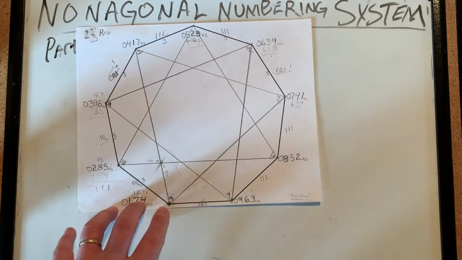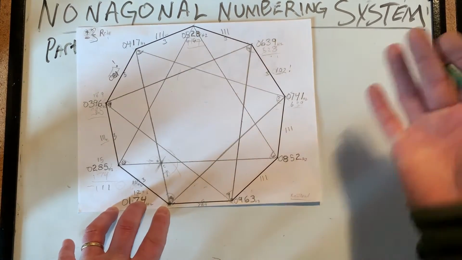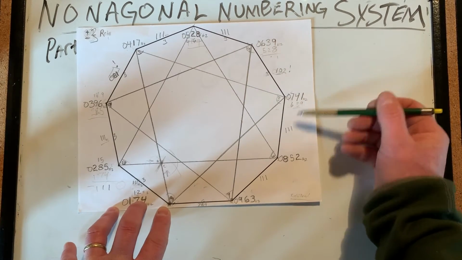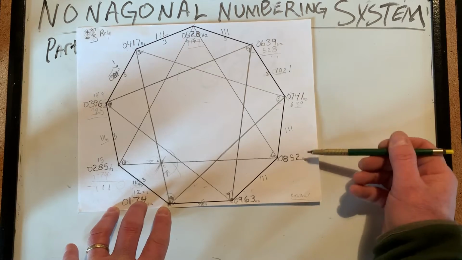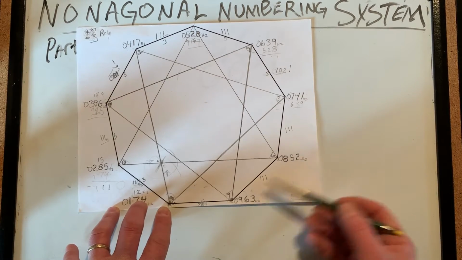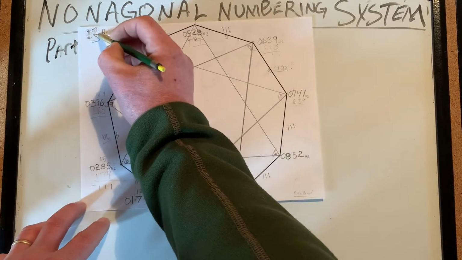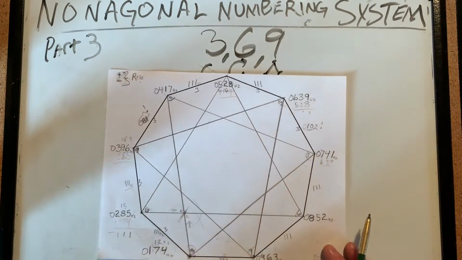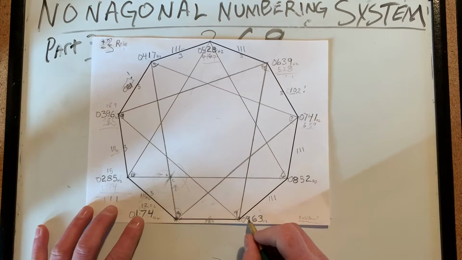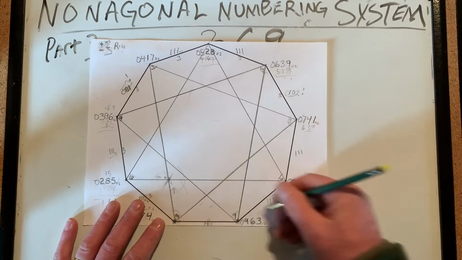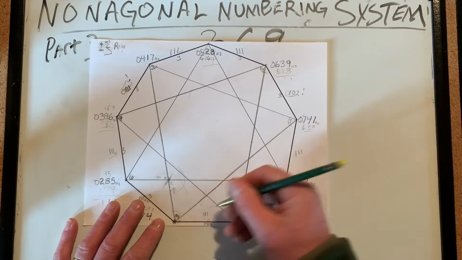Let's add it. Because remember, we're subtracting, but we're also adding, right? If we were to take 741 and add 111, we would get to 852. And if we were to add 111, we would get to 963, right? This is why I kind of put these in their own kind of addition and subtraction. So let's take 963 and just add 111 for giggles.